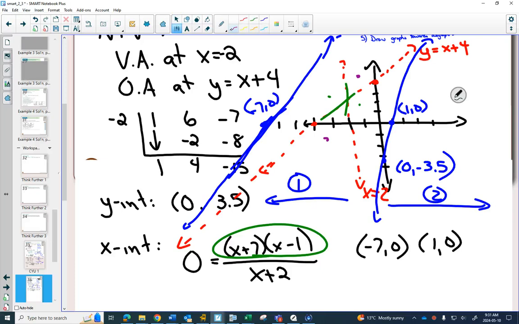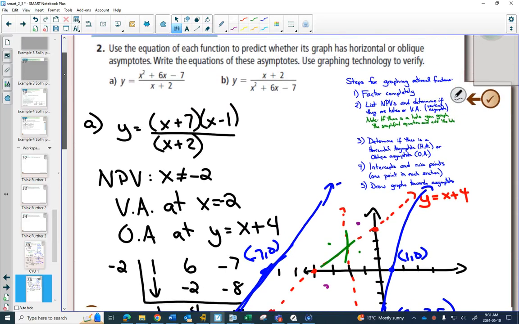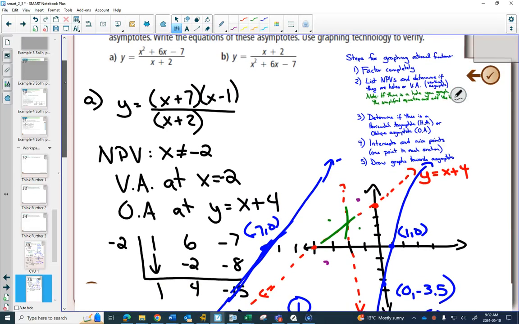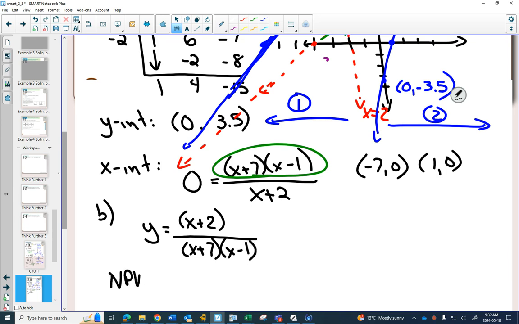Okay, part B. Okay, that was our first ever one with an oblique asymptote, so now we know how to do that. Part B has, in factored form, it's exactly the same, so we already know how to factor it, except it's been flipped. So now we have more non-permissible values. X can't equal negative 7, and x can't equal 1.